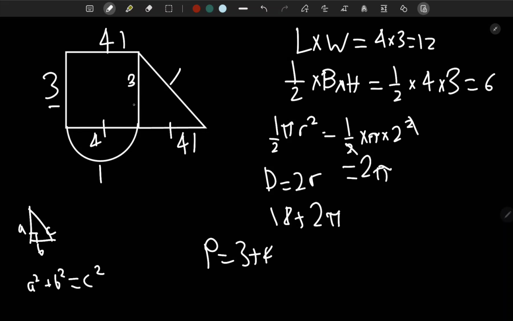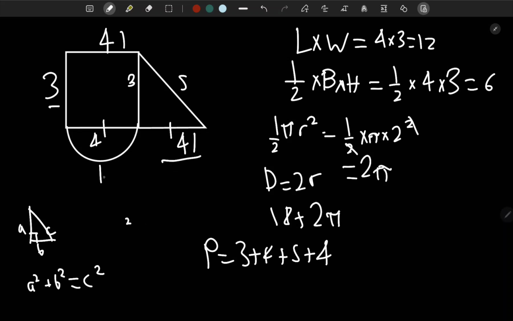So here we have A, we have B, we need to find C. The way to find C is 3 squared plus 4 squared, which is 9 plus 16. 9 plus 16 is 25, and we need to take the square root now, so 5 is going to be C. So now plus 5, plus the base here, which is this part.